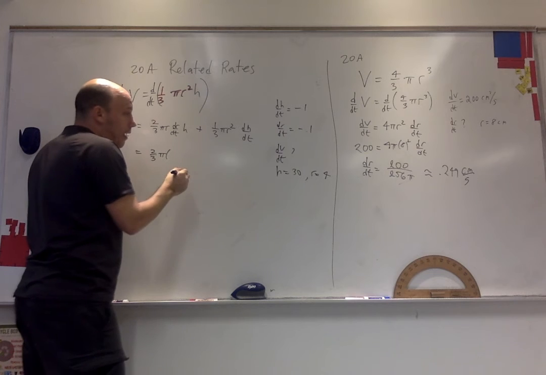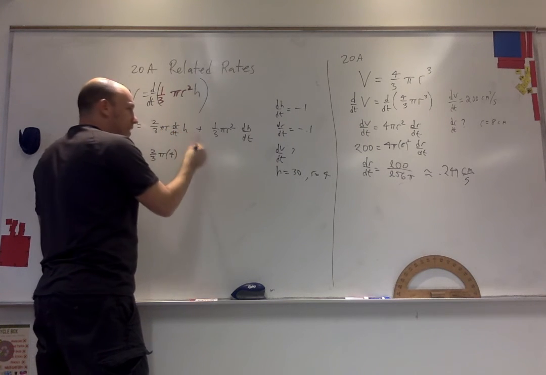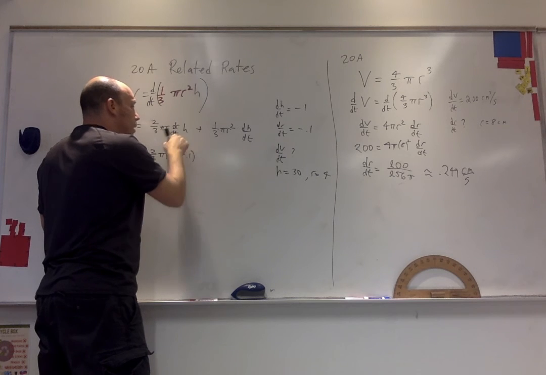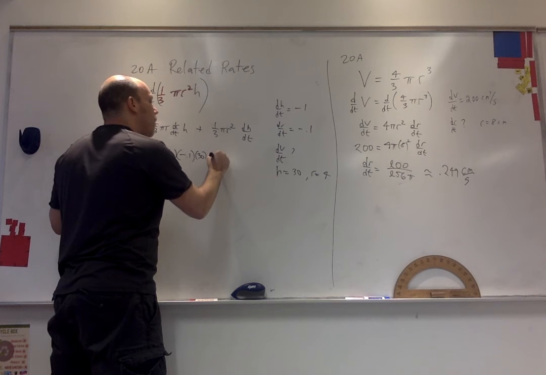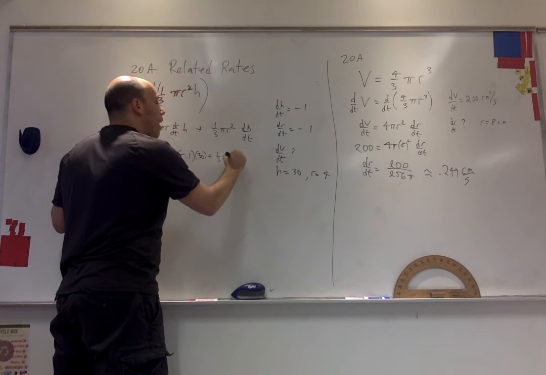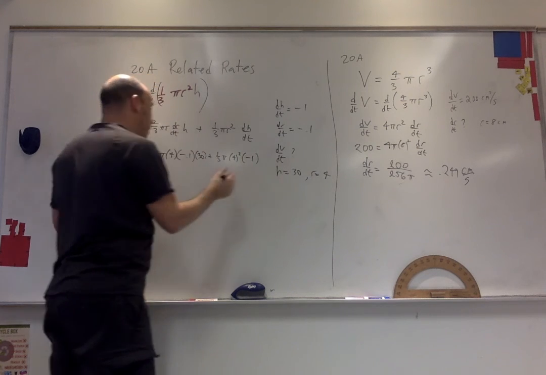Obviously, this is going to be a part 2 question. Let's see, r dr/dt, -0.1, the height at 30, plus 1/3 pi 4 squared dh/dt, -1.